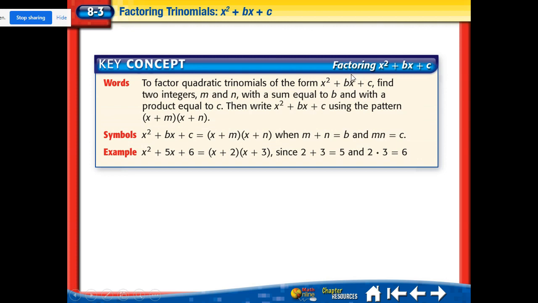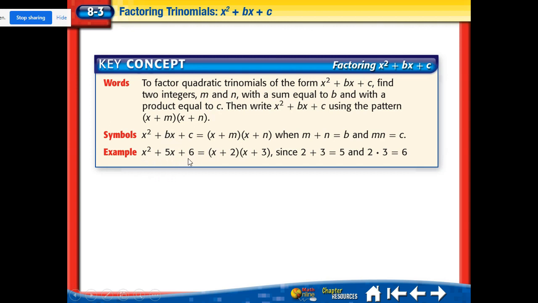All right, so we're going to factor these. And the factored form of this trinomial is two binomials, x plus m and x plus n. Now, m plus n has to add up to be b, and m times n has to multiply to c. So we're looking for a combination that multiplies to this last number but adds up to the middle number.